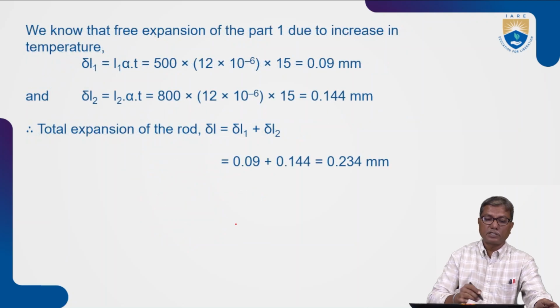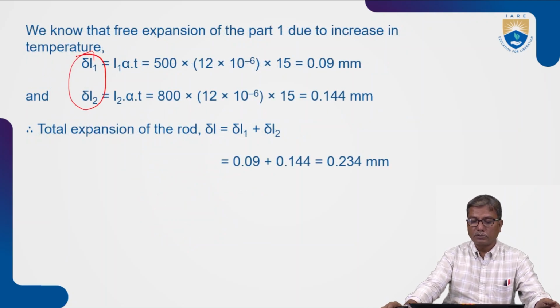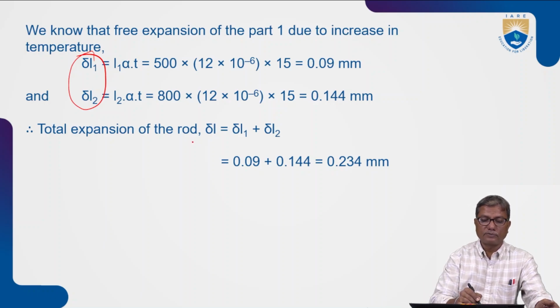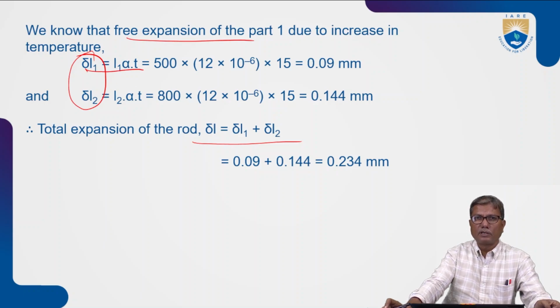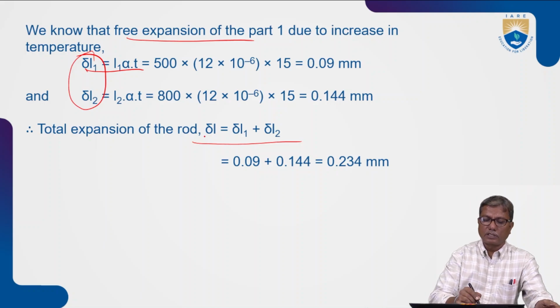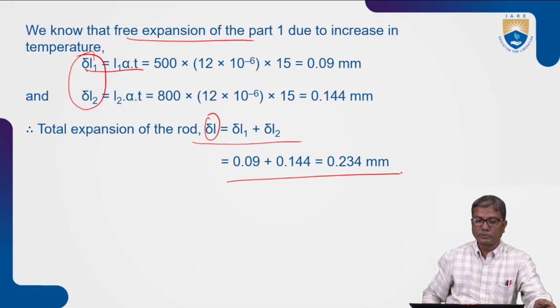Second condition is obtained by equating delta L. If it is free to expand, then delta L1 is L1 alpha T and delta L2 is L2 alpha T. Delta L, the total expansion, is sum of these two.